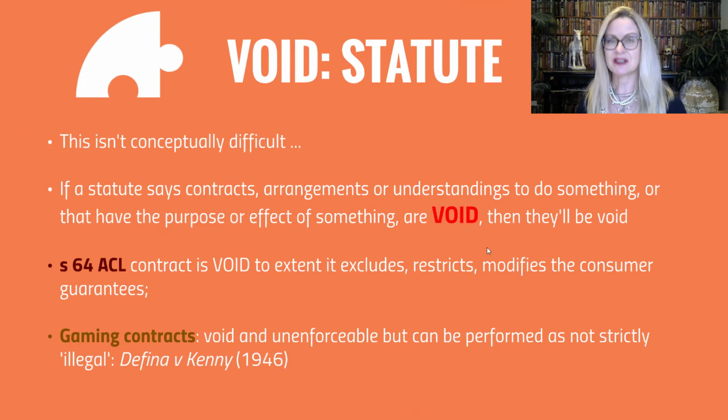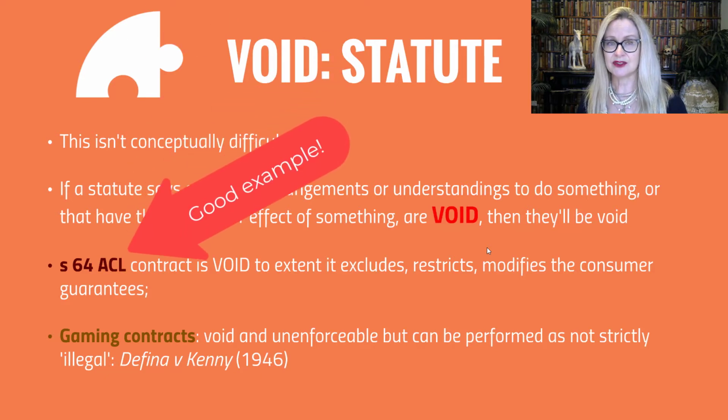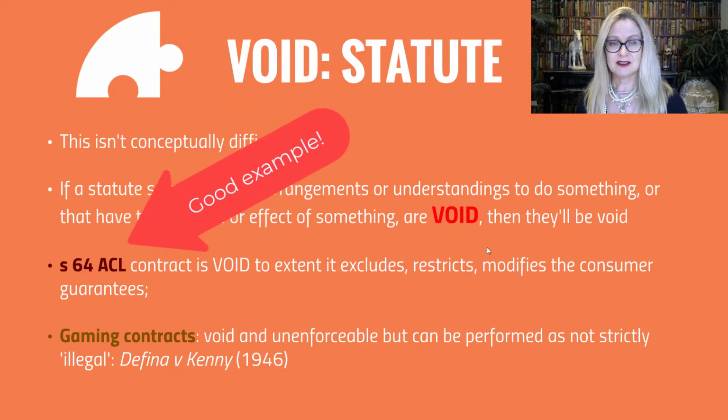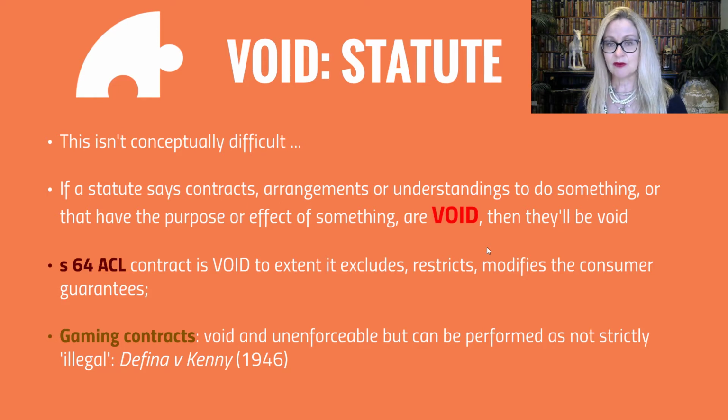Firstly, looking at contracts that are void via statute. Not terribly hard and actually fairly obvious. If a statute says that contracts, arrangements or understandings that do something or have the purpose or effect of something are void, they're going to be void. So section 64 of the ACL, the Australian Consumer Law, says that a contract is void to the extent that it excludes, restricts or modifies the consumer guarantees.